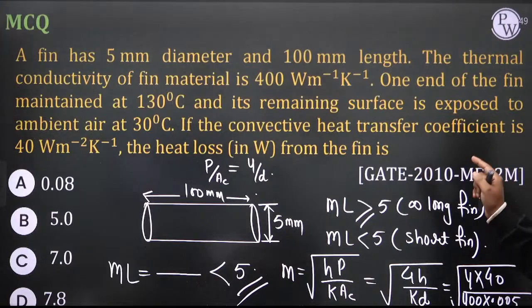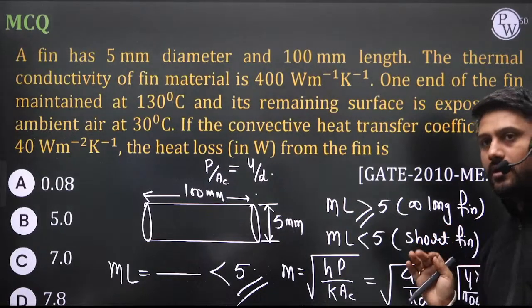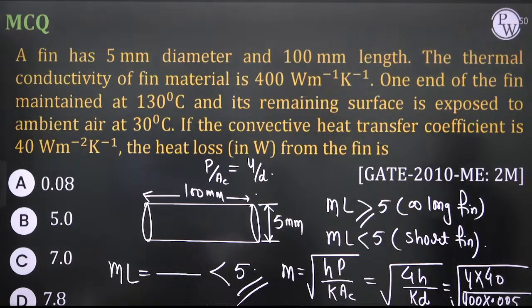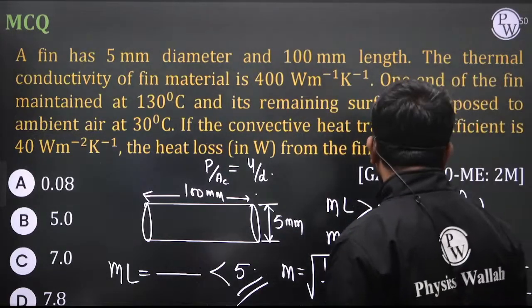In this question one end of the fin is maintained at 130 degrees Celsius and its remaining surface is exposed to the ambient air at 30 degrees Celsius. It is not mentioned whether the tip is insulated or uninsulated. So consider that it is an uninsulated tip.